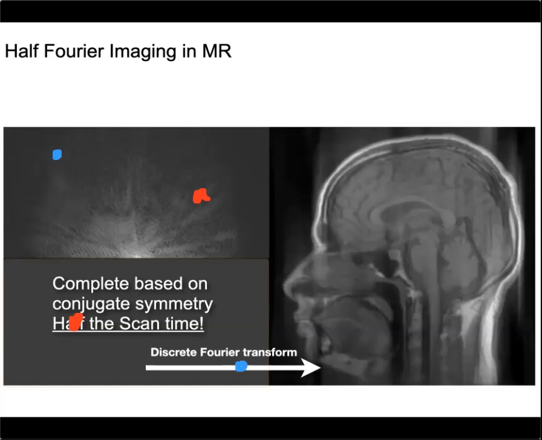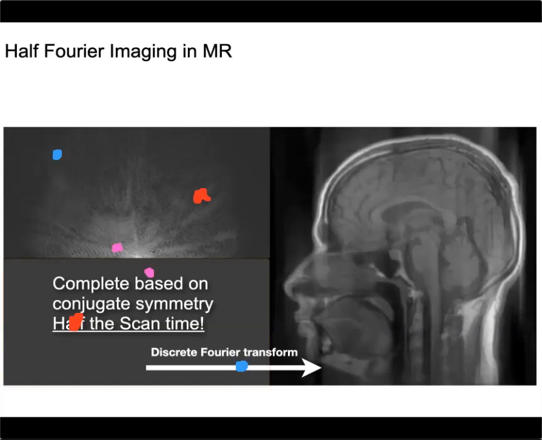And then, pink is my favorite color. This point over here is conjugate symmetric with this point over here. Okay? So I can basically take all the values from the top and then copy them to the bottom and be able to reconstruct the full image. Okay, that's the idea. That's as long as the image is actually real.